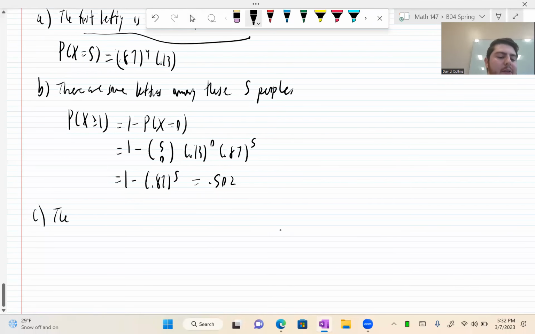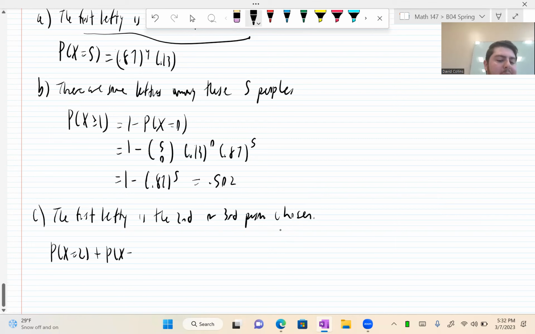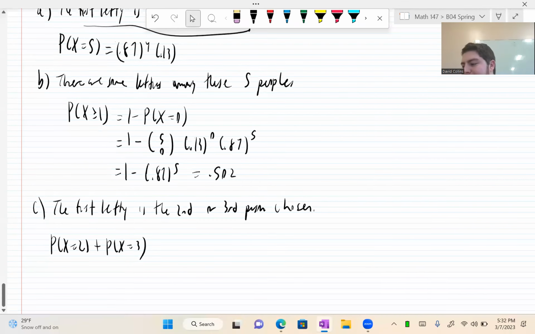Next is the first lefty is the second or third person chosen. This is actually going to go back to a geometric again. This is the probability that x equals 2 plus the probability x equals 3.